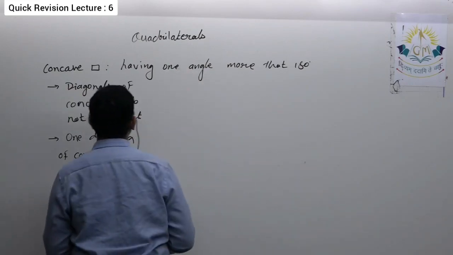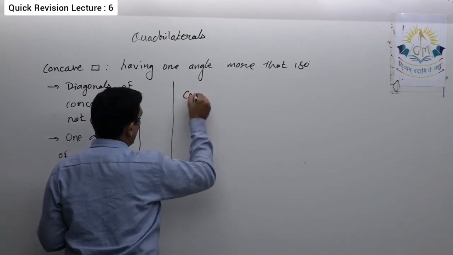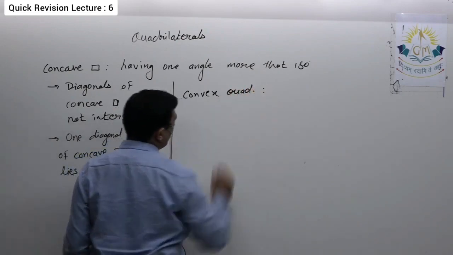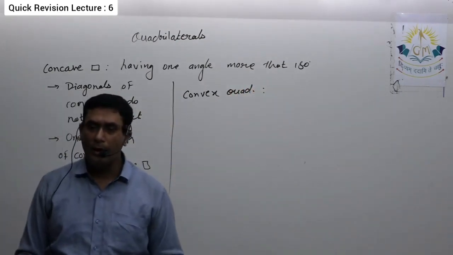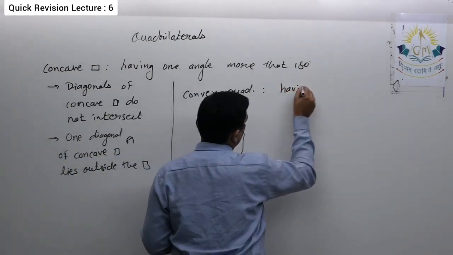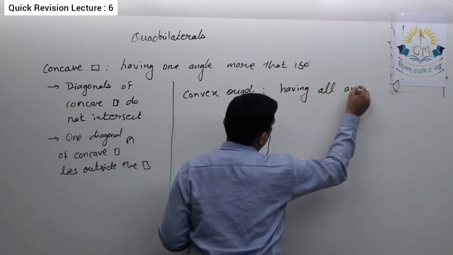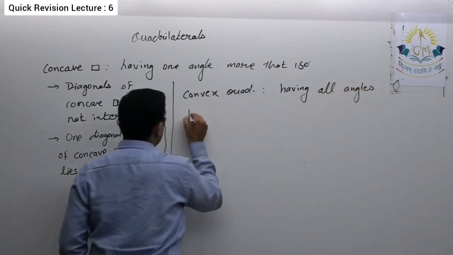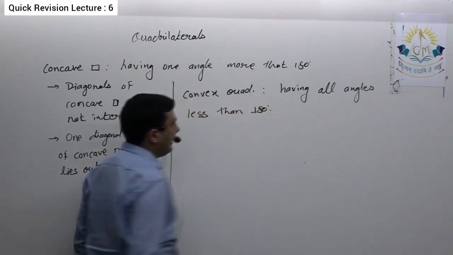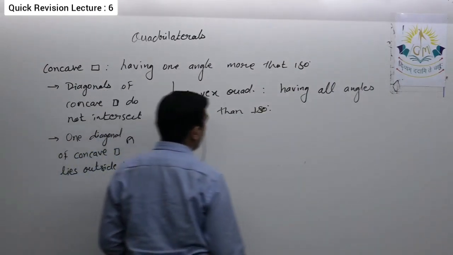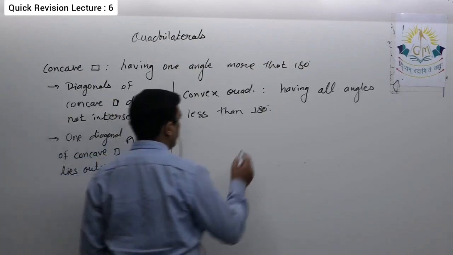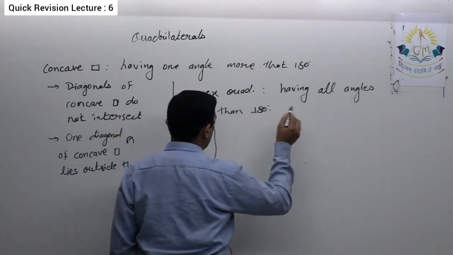A quadrilateral having all angles less than 180 degrees is called a convex quadrilateral.